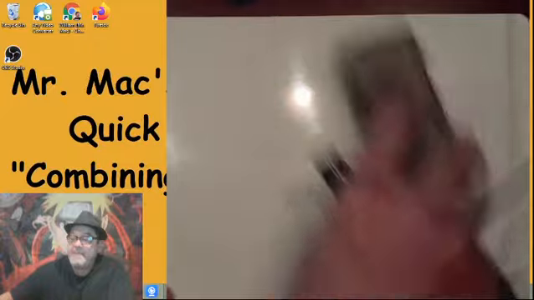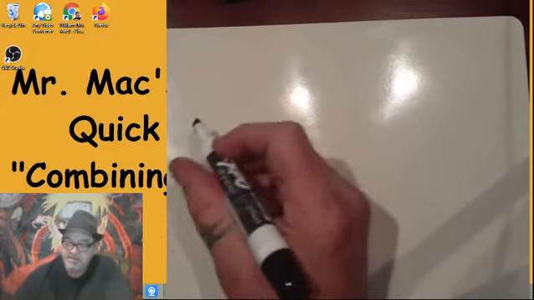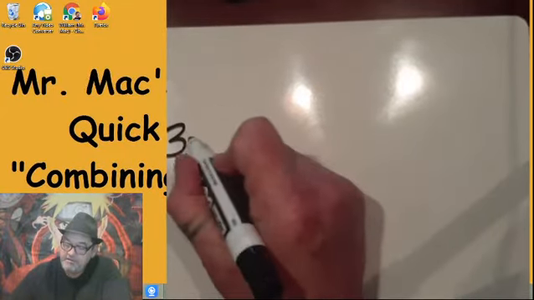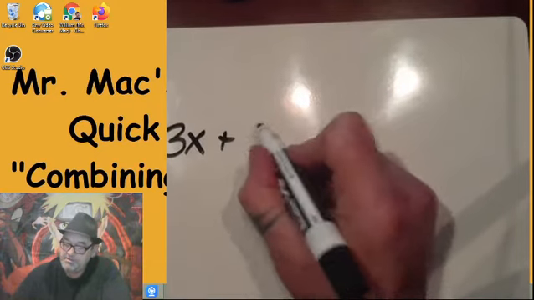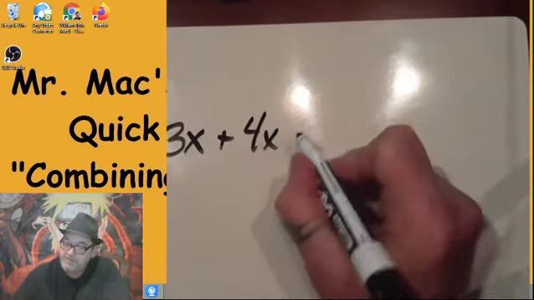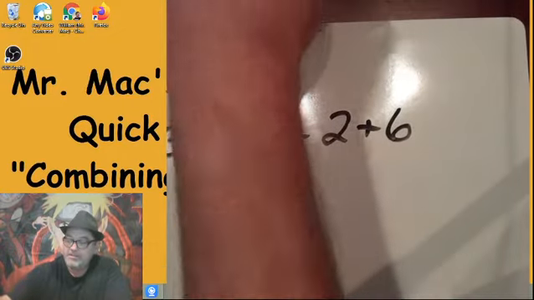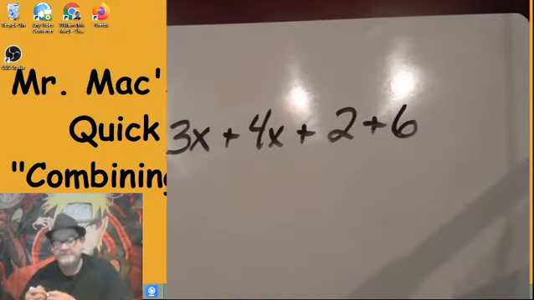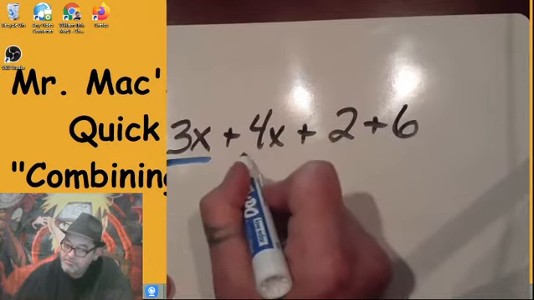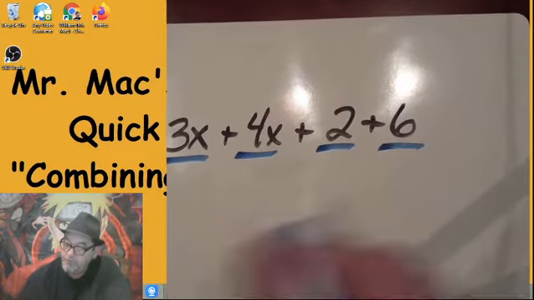So when we're combining like terms, let me give you an example here. If I have 3x plus 4x plus 2 plus 6, in this case, I have 4 terms: 1, 2, 3, 4.